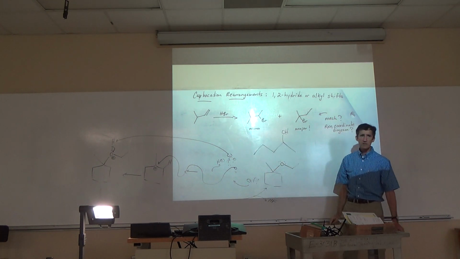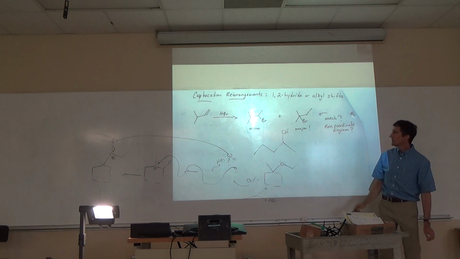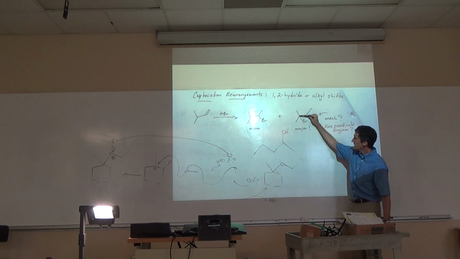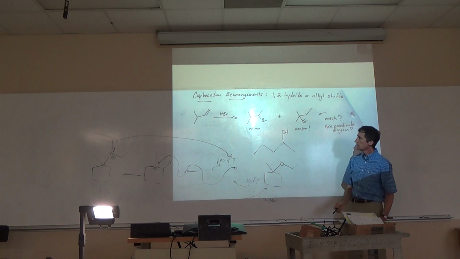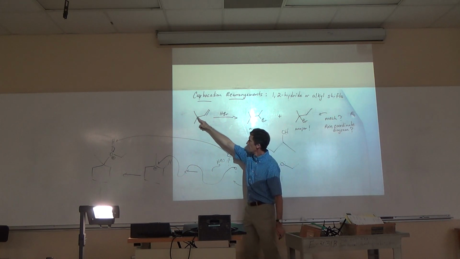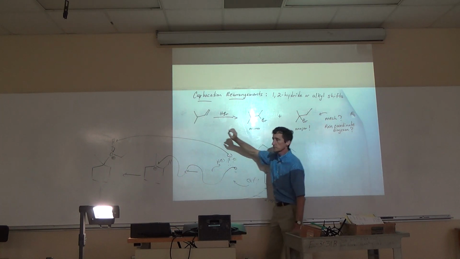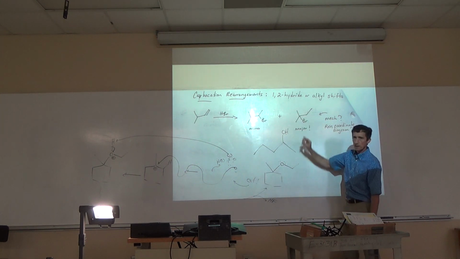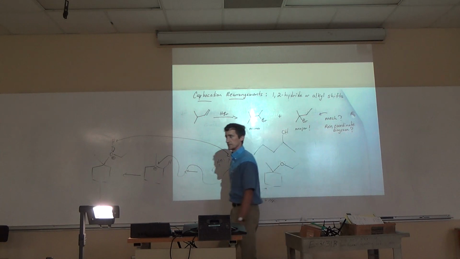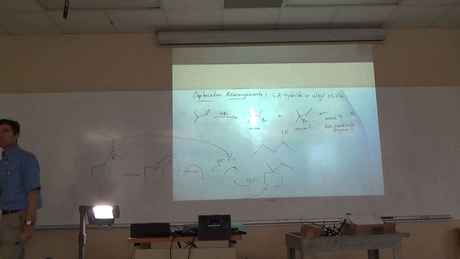But actually, that's the minor product in this reaction. The major product has the bromine over here on the carbon with the 2 methyls. How does that happen? It's carbocation rearrangement. This is where we'll pick up tomorrow after the test.